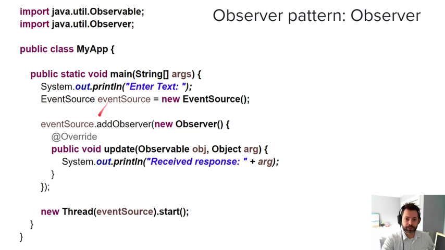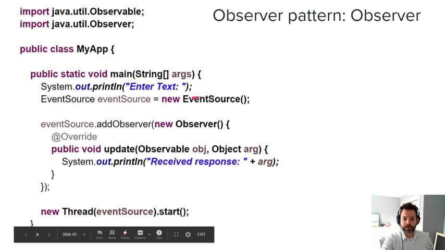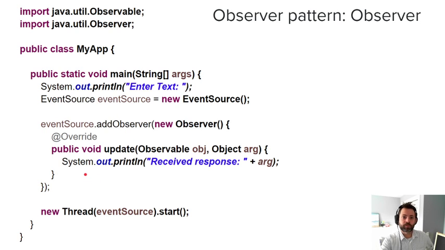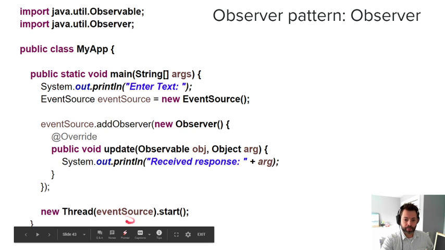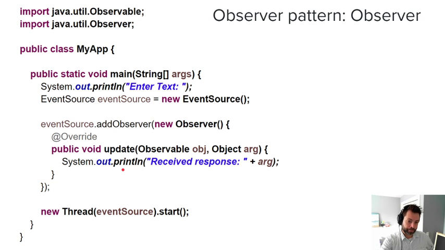So here we have an application. Here we have our observable aspect of things. We are going to add an observer for whatever data is being entered in by the user. So we can kick off a thread that handles this. It's going to wait for input and then notify any observer that something has changed.